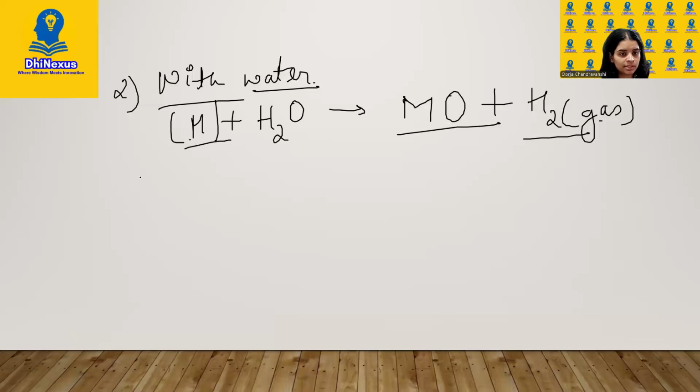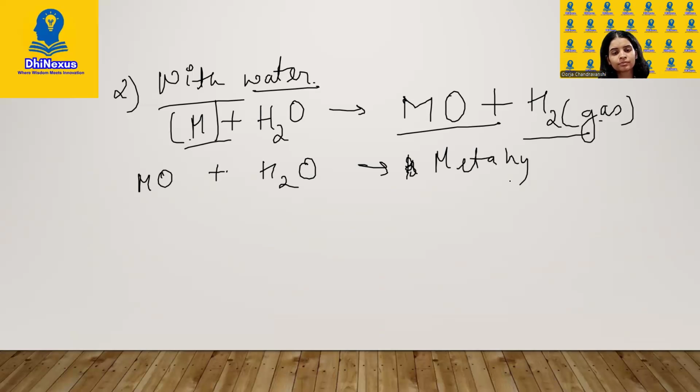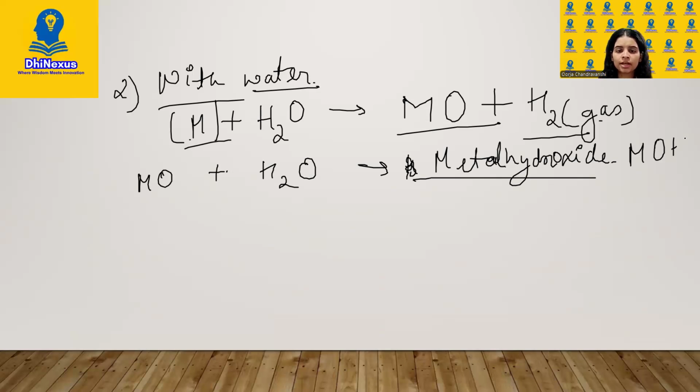And this metal oxide on reaction again with water is going to give me metal hydroxide, which can be MOH or M(OH)2, and so on. Let's see some examples.